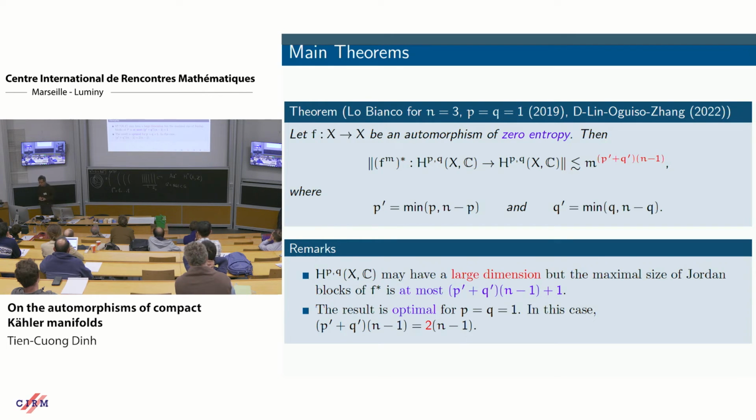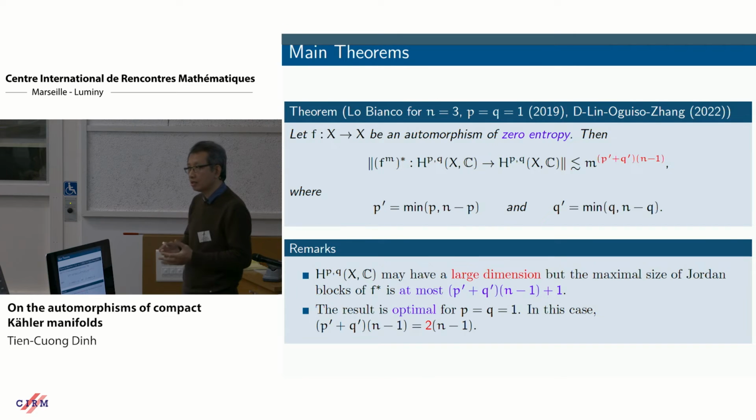So we can see this in another way. You can see the action of F on H^{p,q} as given by a square matrix, and then you use the Jordan form of this matrix. So we can have Jordan blocks, and the eigenvalue should be of modulus 1, and the maximum size of the Jordan block is not more than (p' plus q') times (n minus 1) plus 1.